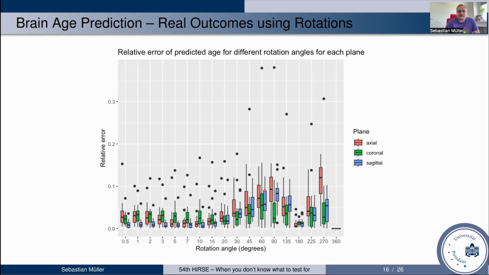So in this case, for the axial in the 90 degrees, so instead of going upright, we had flipped that to the side, we had, on average, nearly 10% relative error. And that was something that was entirely not expected by the domain scientists.